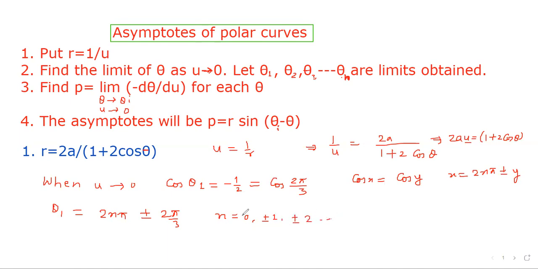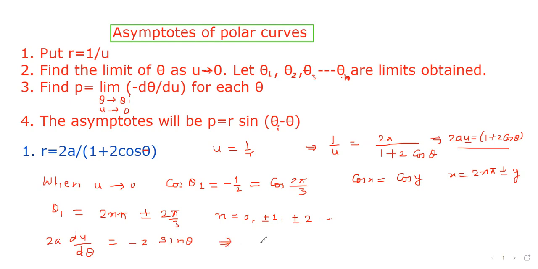Now we differentiate the equation here, 2au equal to 1 plus 2 cos theta. So we get 2a, we are differentiating it with respect to theta. So 2a du upon d theta equals, this will become minus 2 sine theta. We can shift this du upon d theta to the RHS.